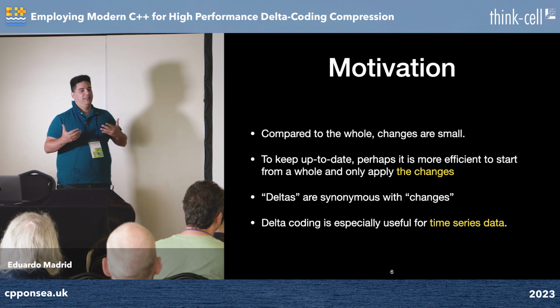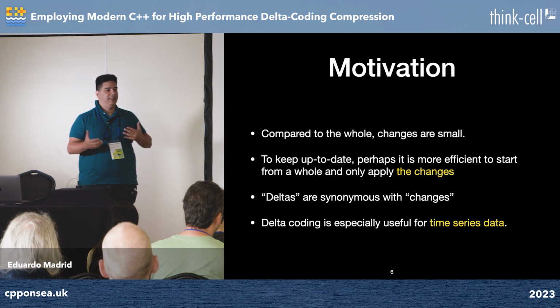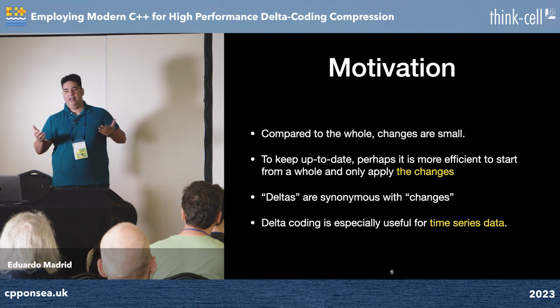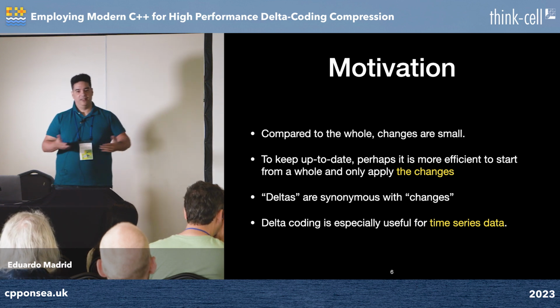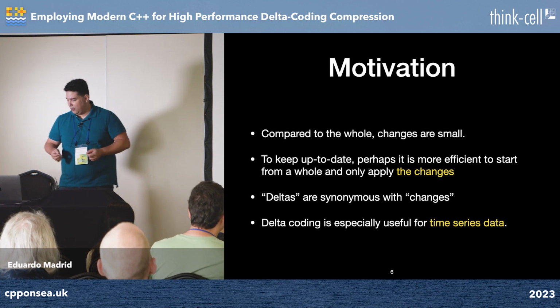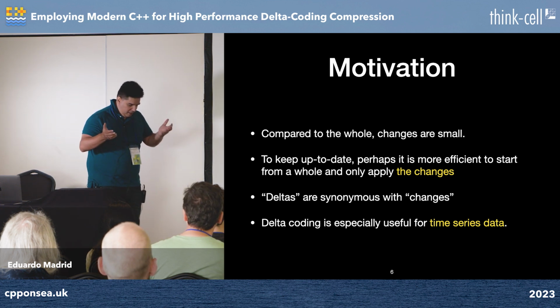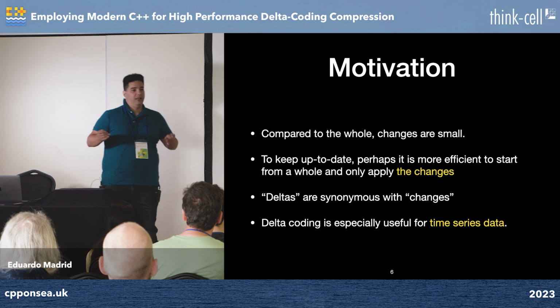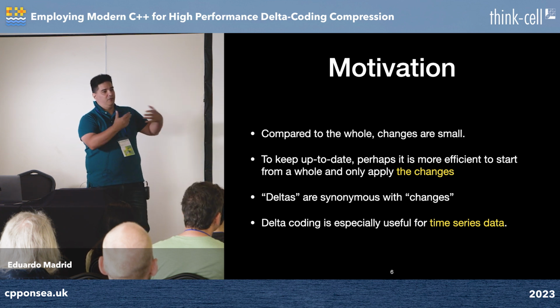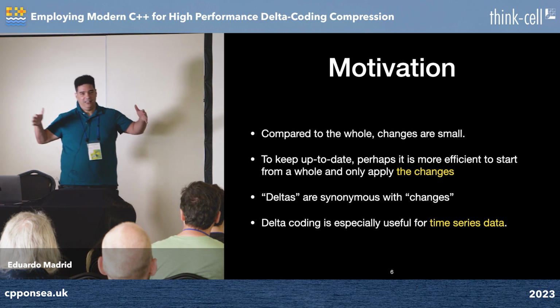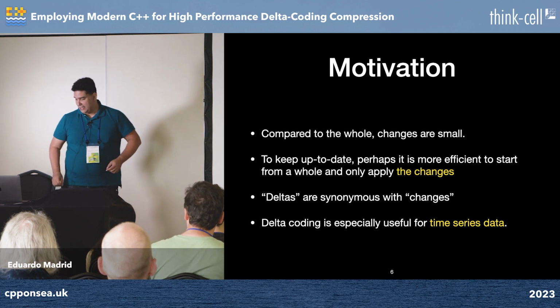What might we take advantage of to achieve easy-to-do compression that is highly performing? The thing is that when things change, the magnitude of the changes tends to be much smaller than the things themselves.